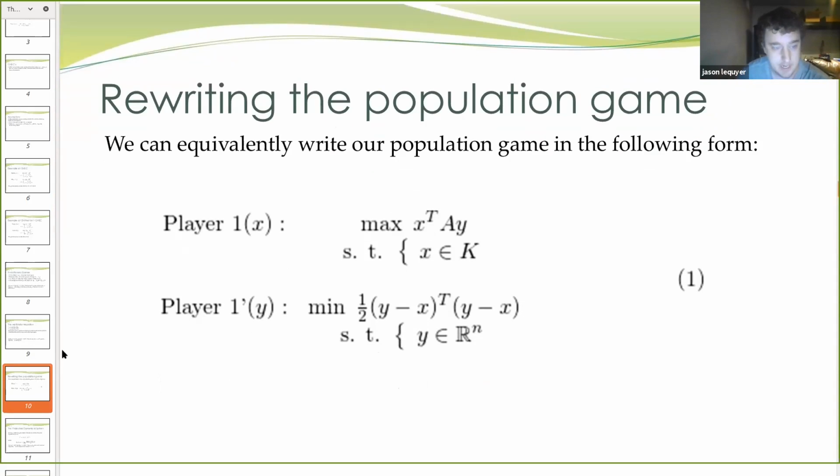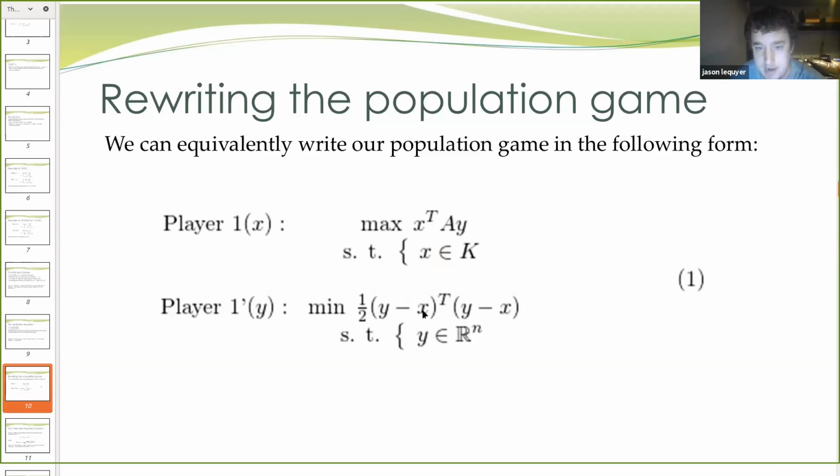So this is the 2-player case, the very simplest example. Essentially what we've done here is player 1 is trying to find the strategy X that performs best against Y. And player 1 prime is just a shadow player that ensures at any Nash equilibrium X equals Y. So in other words, X finds the best strategy against X.